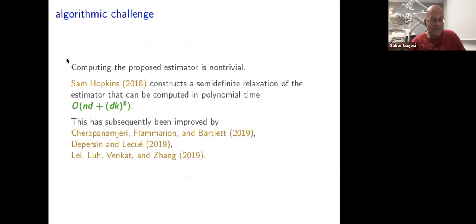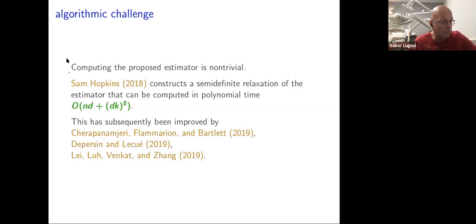Now, as I said, computing this estimator is a non-trivial affair. One can easily convert this into an algorithm that runs in time exponential in the dimension, but that's of course no good. So we posed in our paper this as a challenge to try to find a sub-Gaussian estimator that can be computed in time polynomial in the dimension.